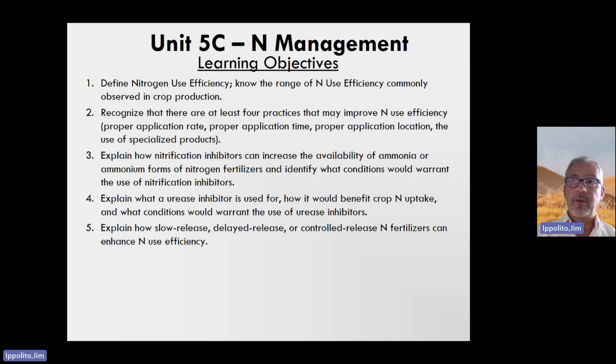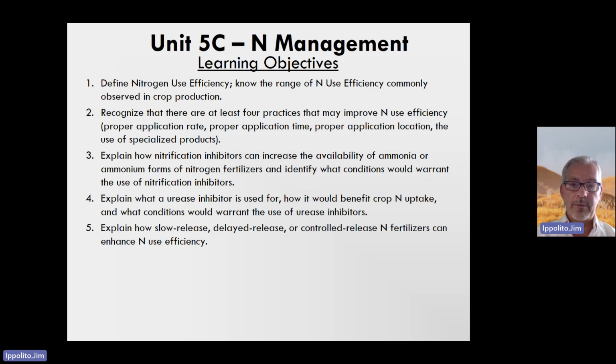Objective number 4, very similar to number 3. In this case, explain what a urease inhibitor is used for, how it would benefit crop nitrogen uptake, and under what conditions would warrant the use of urease inhibitors. We've talked about the urease enzyme already, and you know that it is needed for the conversion of urea to ammonia/ammonium.